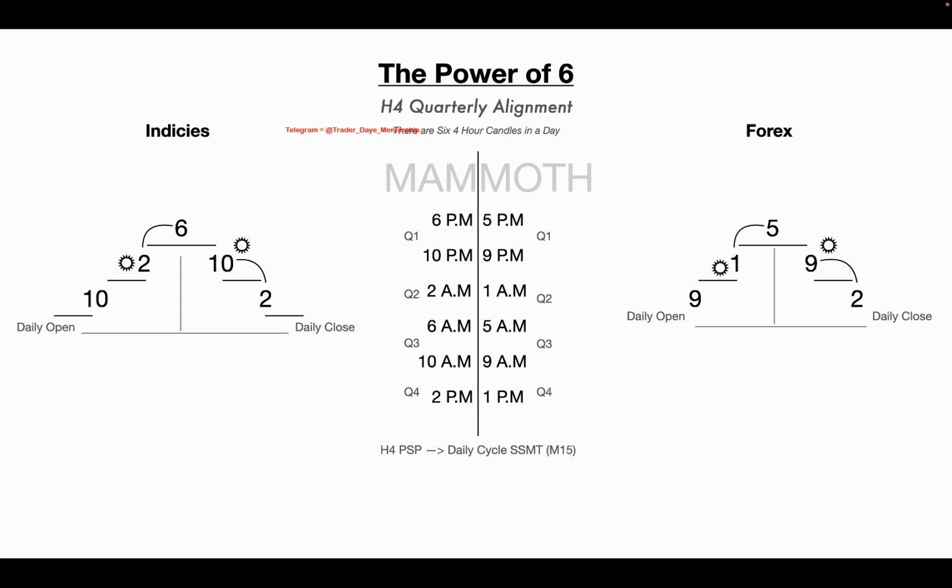The weekly and the daily are easier per se. The 4 hours are a little bit more difficult to gauge, but everything in price is fractal. So you might need to watch this a couple times back, but you should be able to grasp what I'm trying to say.